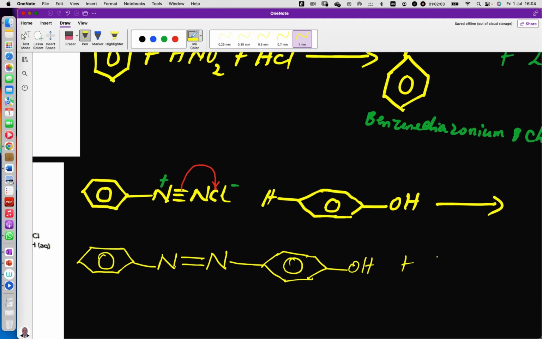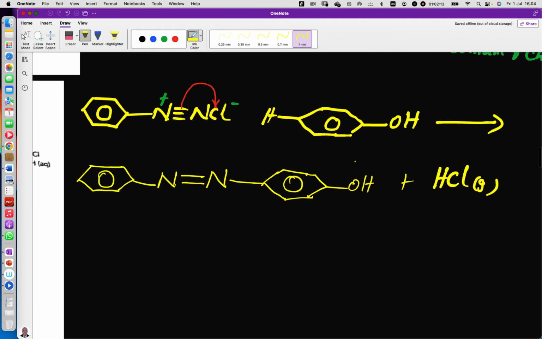Plus the hydrogen chloride gas that is released. We can call this compound, the whole of this compound, an azo dye.